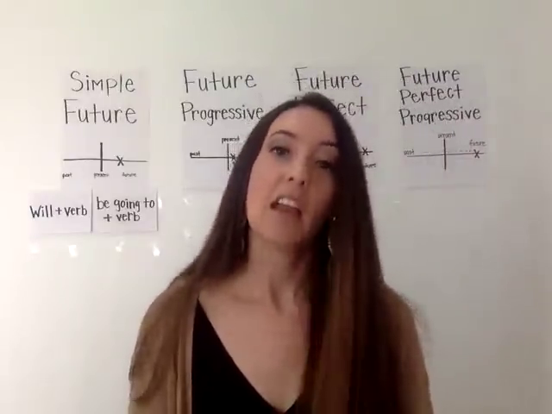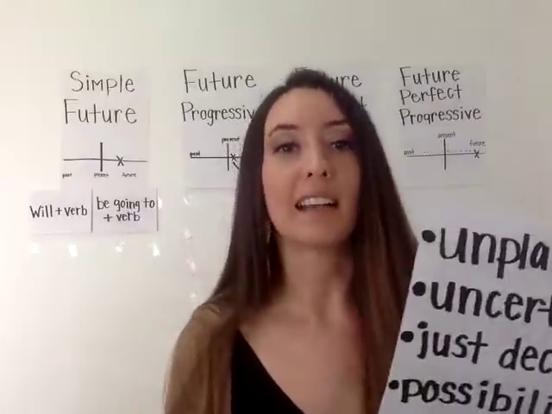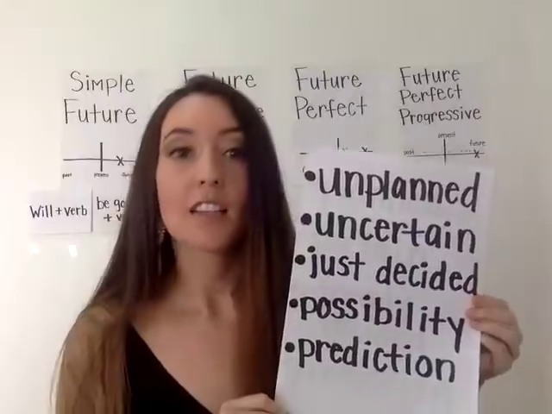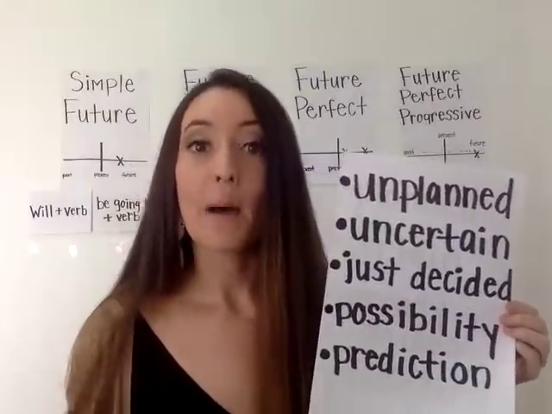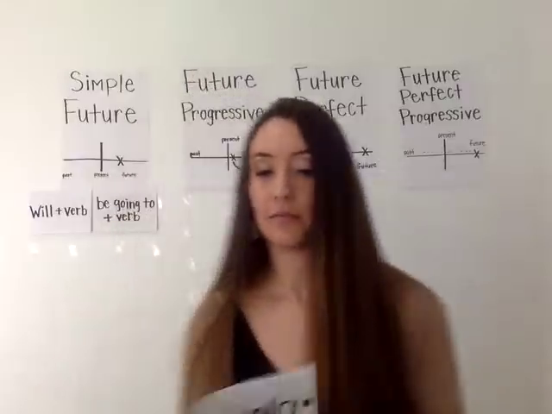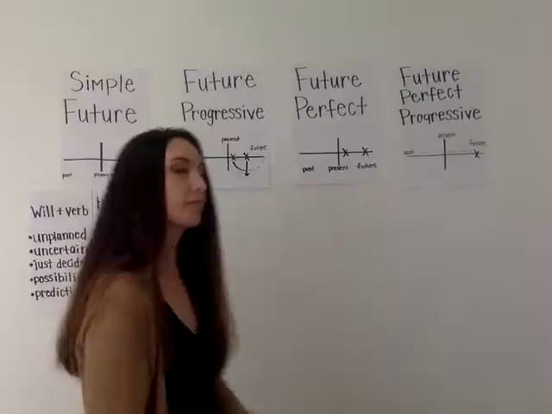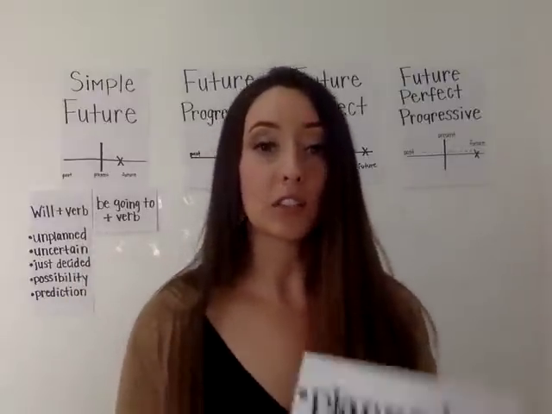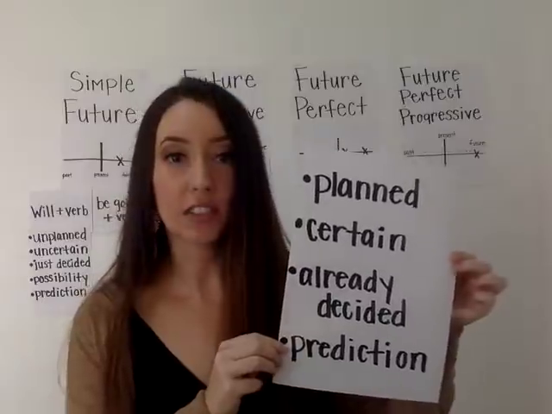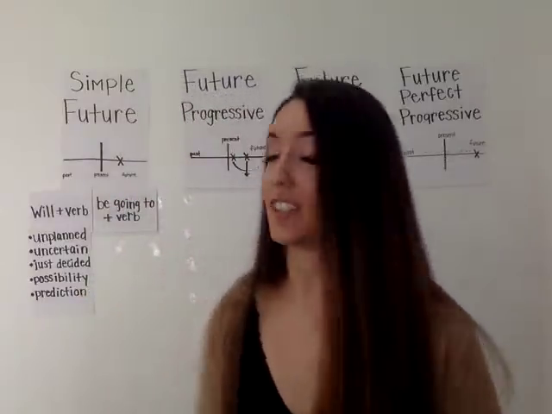When we use will, we are typically using it with something that is unplanned, uncertain, just decided, possibilities, and predictions. We use going to with things that are planned, certain, already decided, and also predictions.